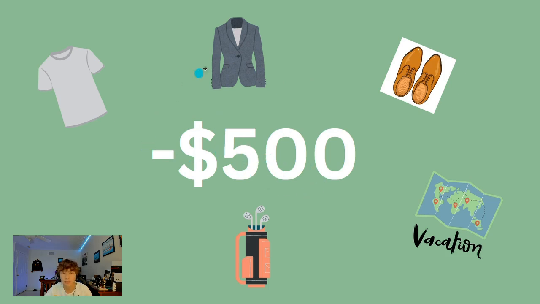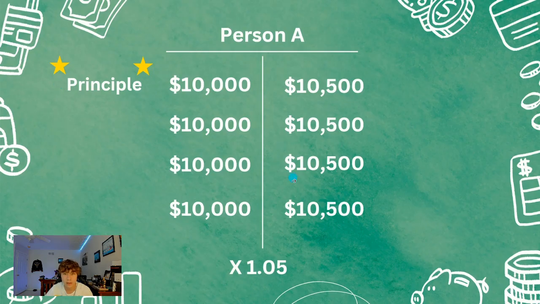So he's spending it on clothes, vacation, on hobbies, whatever. And that influences his T-chart by making it look like this. You make 5% on the principal, but then this $500 goes away. And you start again with 10,000. Then you make the 5%, you make $500. The $500 gets pocketed. You go back to 10,000, etc.